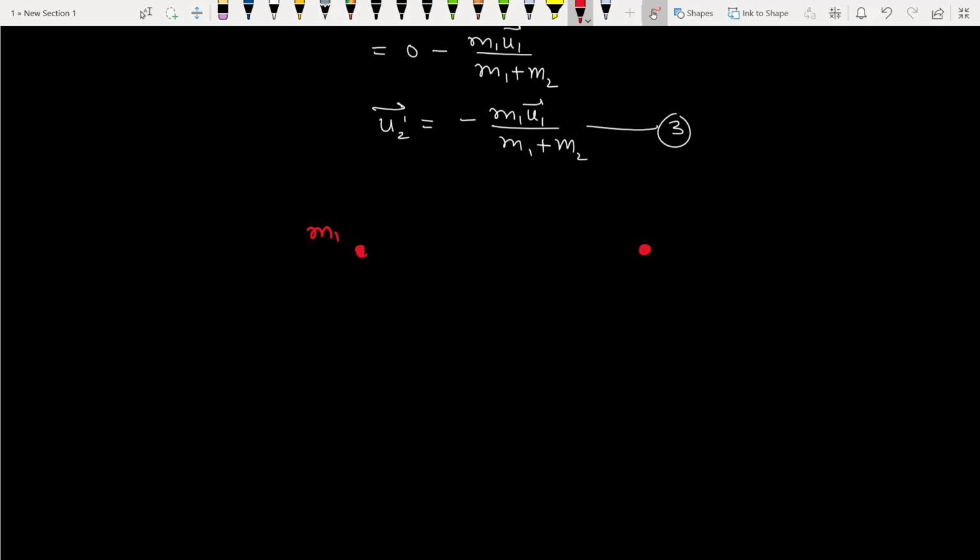This is mass m1, this is mass m2, moving with velocities u1 dash and u2 dash, and the center of mass is moving with velocity v.